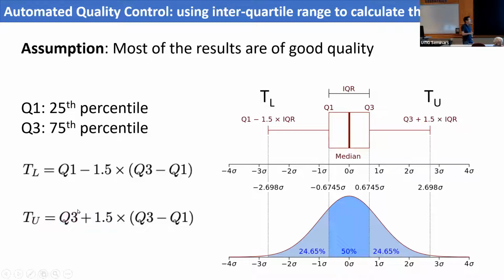So anything beyond these two thresholds will be taken as an outlier and will be thrown away because most likely they have bad quality. For instance, if the terminus traces are of good quality, the lengths should be similar to each other. So if there is a trace with an extremely short length or extremely long length, there must be something wrong with these traces.